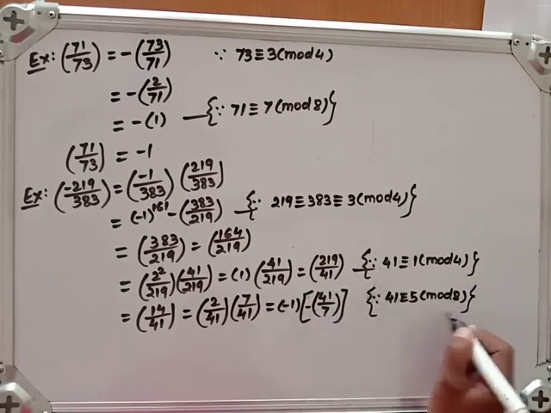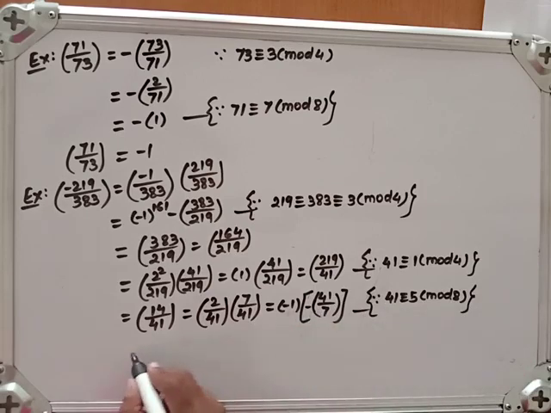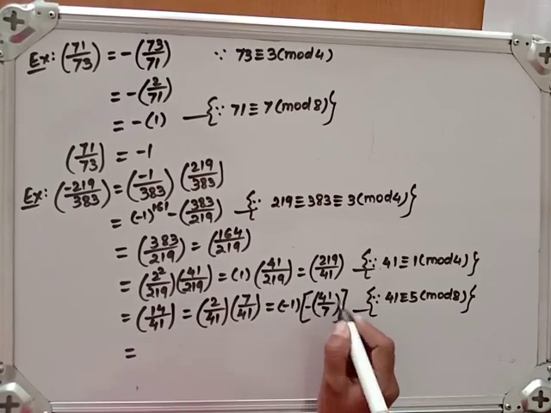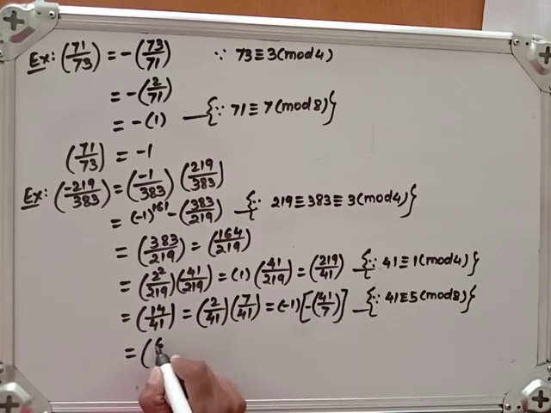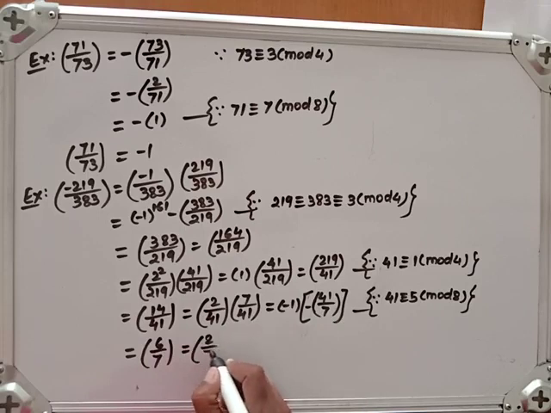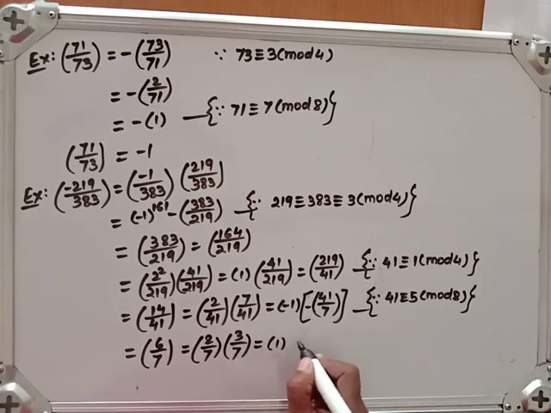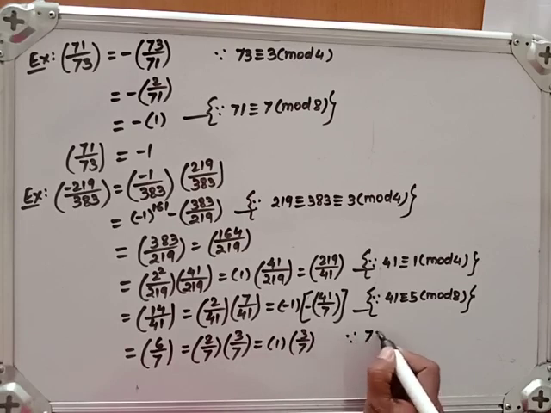So here it will again become plus: minus 1 times minus 1 becomes plus. So only the Legendre symbol of 41 by 7 remains, which is nothing but the Legendre symbol of 6 by 7. That is equivalent to the Legendre symbol of 2 by 7 times the Legendre symbol of 3 by 7. So that is equal to 1 times the Legendre symbol of 3 by 7, because 7 is congruent to 7 modulo 8.